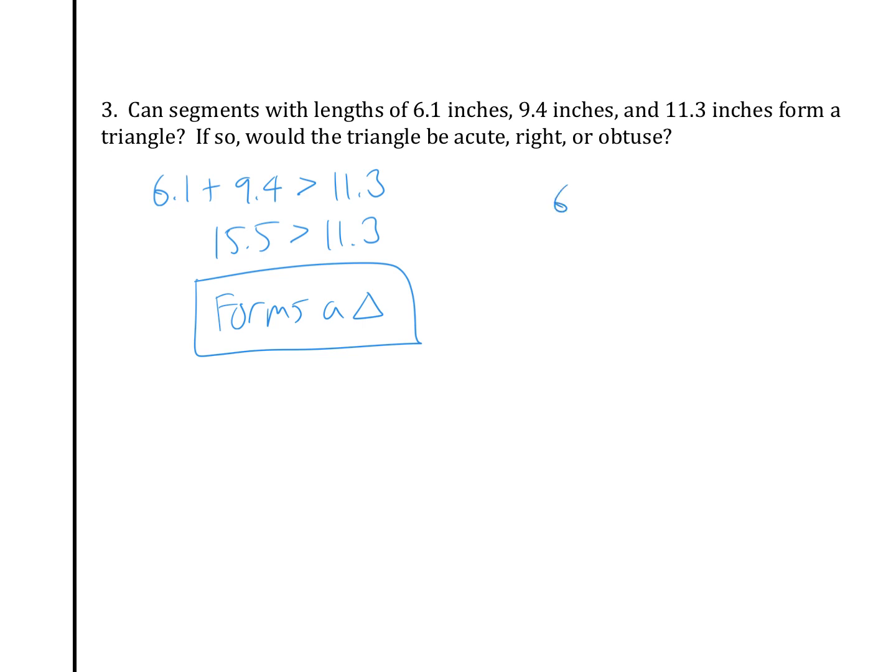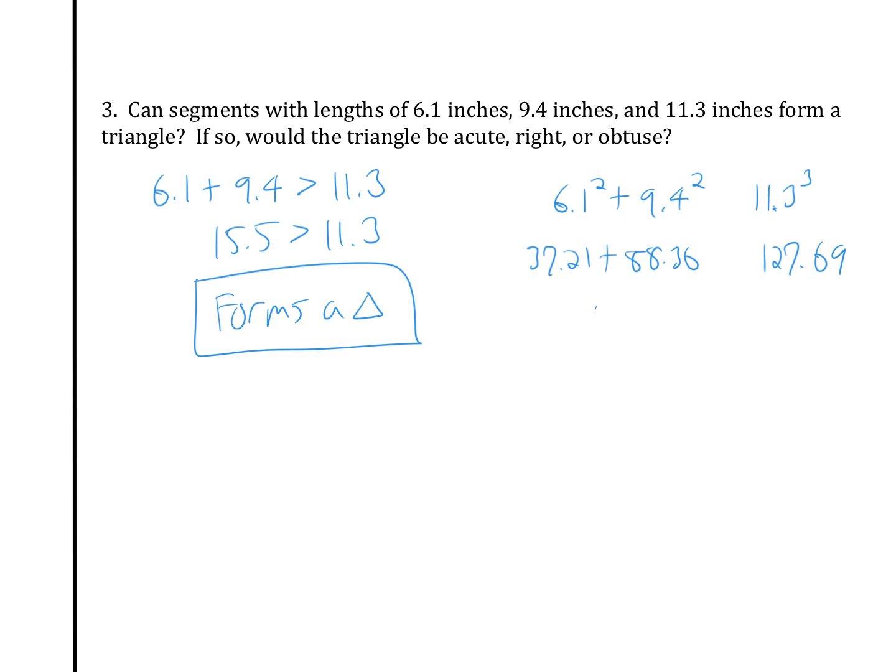So we're going to do 6.1 squared plus 9.4 squared and 11.3 squared. Leave a blank there. 6.1 squared is 37.21. 9.4 squared is 88.36. 11.3 squared is 127.69.